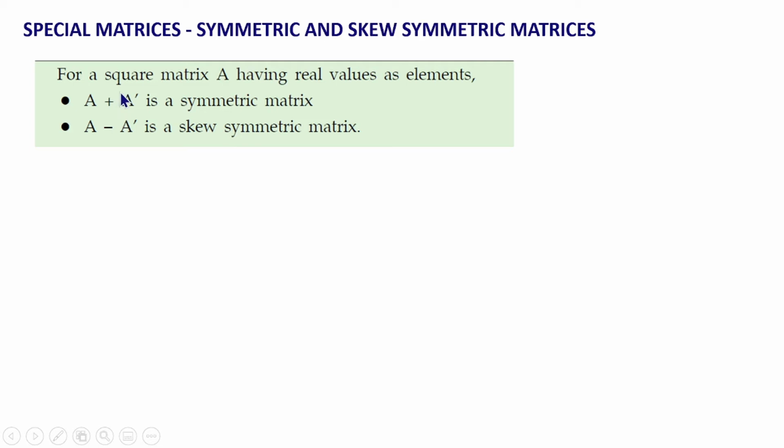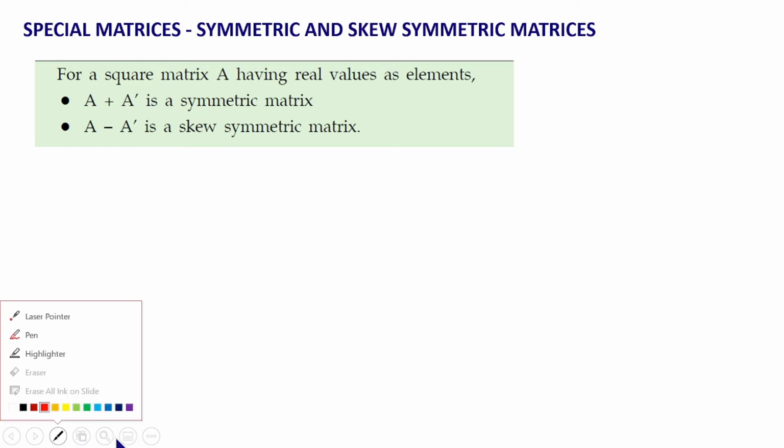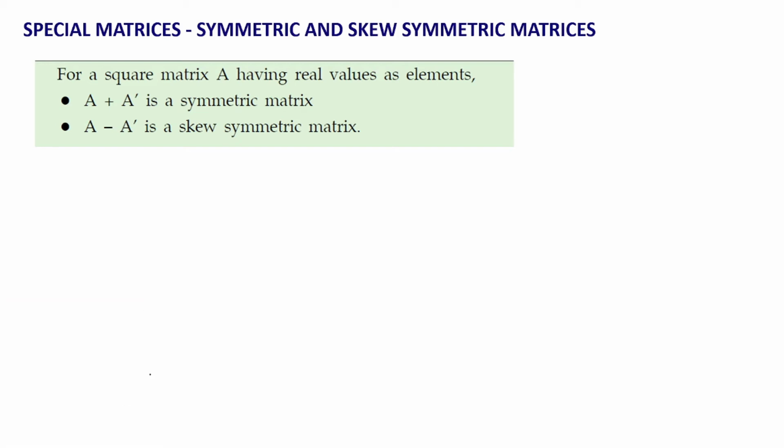And then for a square matrix A having real values as elements, we have A plus A transpose is a symmetric matrix and A minus A transpose is a skew symmetric matrix. So this is the reason why we can represent any square matrix as the sum of a symmetric and a skew symmetric matrix. If we take A, we can write A as half of (A plus A transpose) plus half of (A minus A transpose).